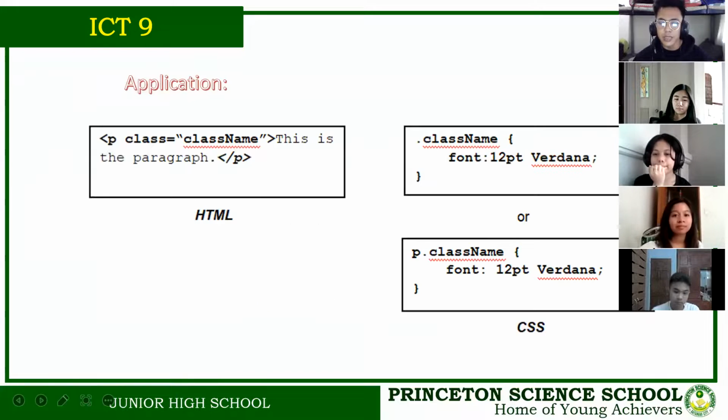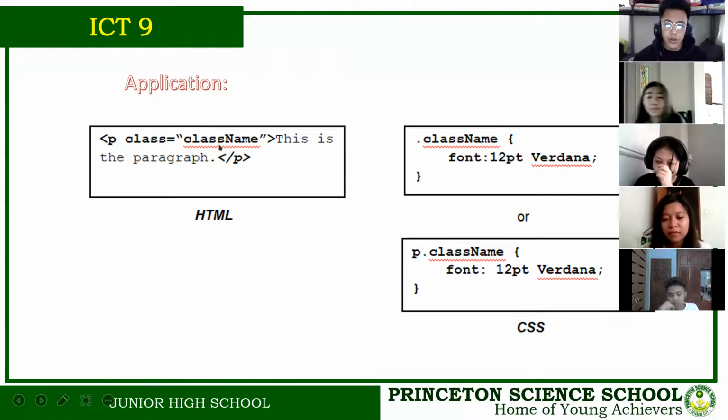And what is the code? How are we going to apply it? As you can see here, we have a p tag that has a formatting attribute, class name. That is how we are going to apply a class to our tags.